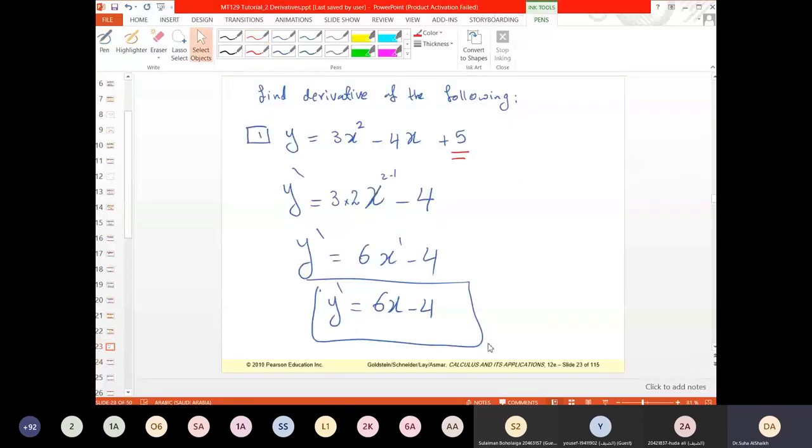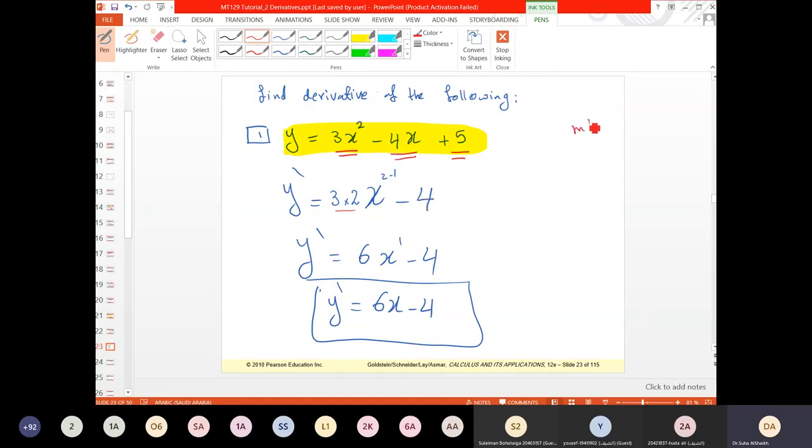I'm going back to this one. Now, Farah, you can see the question you asked about. I have 3 terms. The first one is 3x squared, the second is minus 4x and the third is the 5. The derivative of 3x squared: the 2 goes down, so it will be 3 times 2, x to the power 2 minus 1. The derivative of 4x is 4.